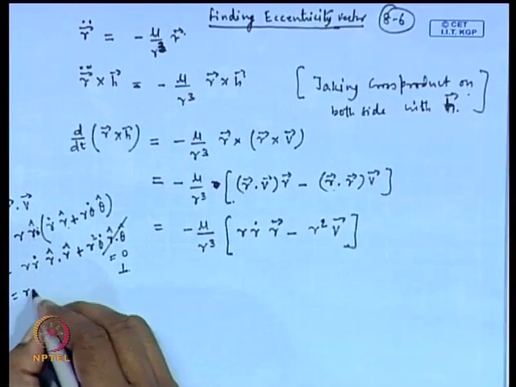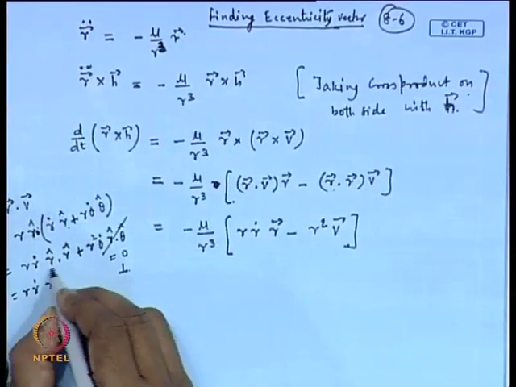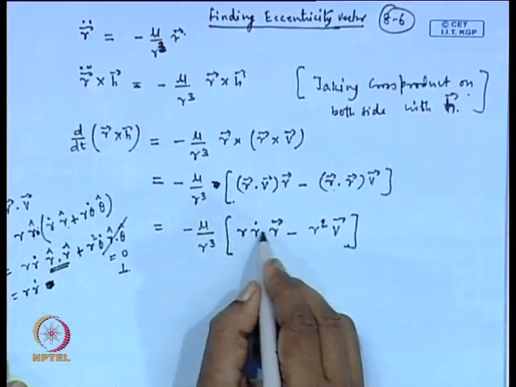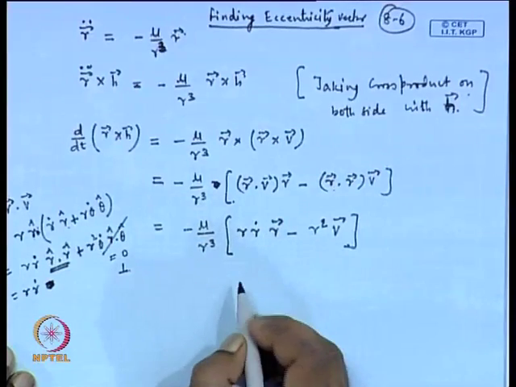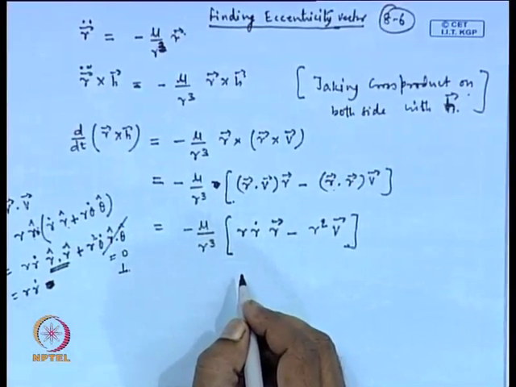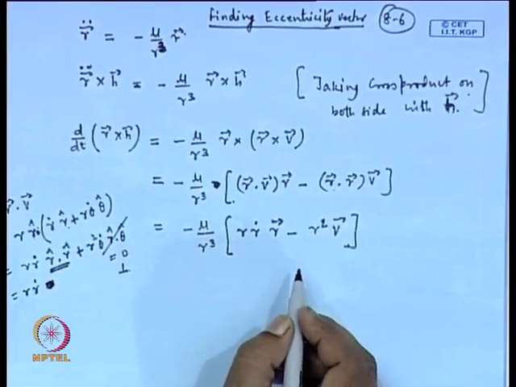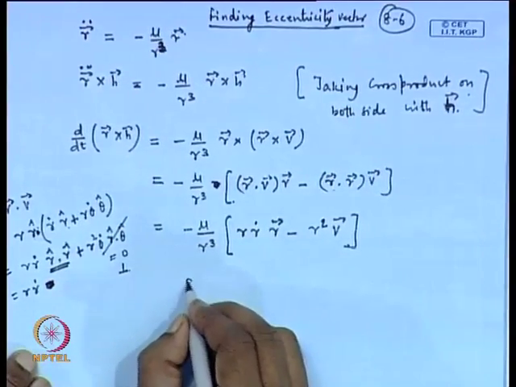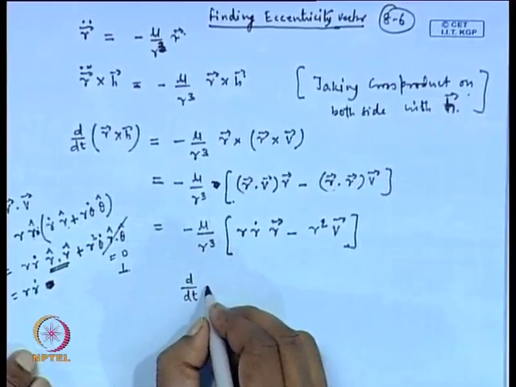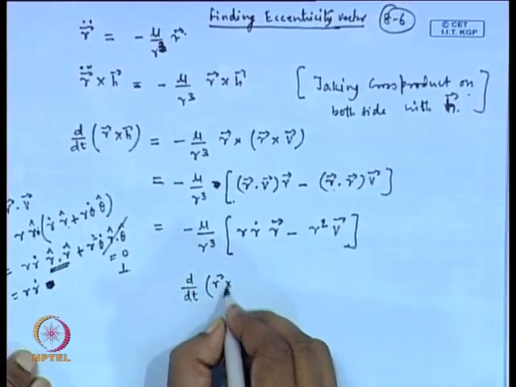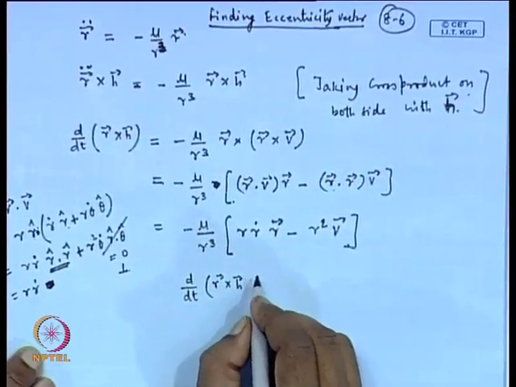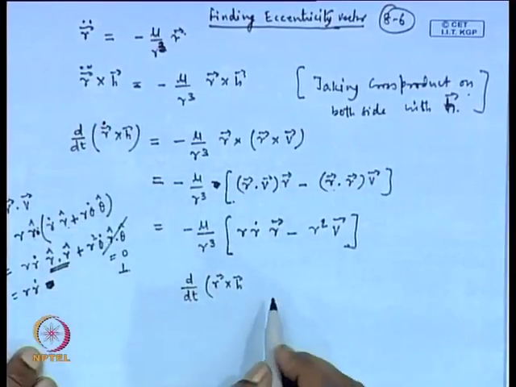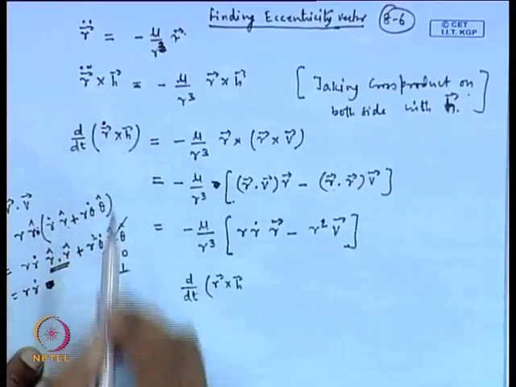Therefore, what we get is r times r dot, and r cap dot r cap is unit in magnitude. So, we replace it by r times r dot. So, this is the simplifying relationship here. So, finally, what we get is d by dt of r dot cross h. Here the sign is missing; this is r dot cross h.